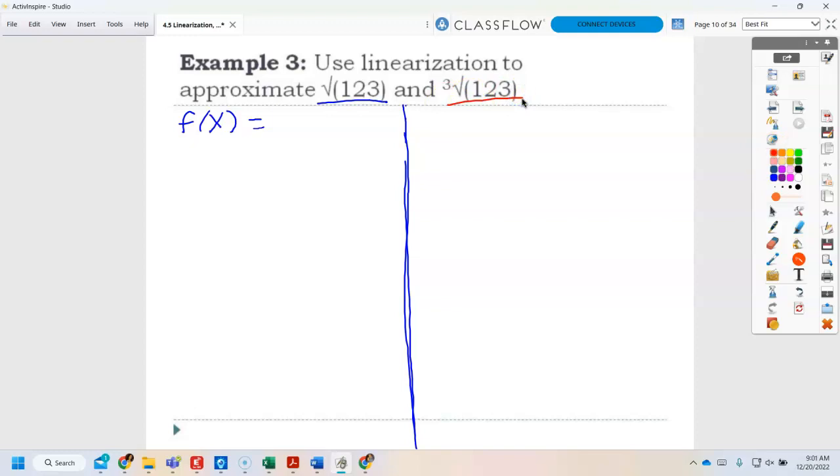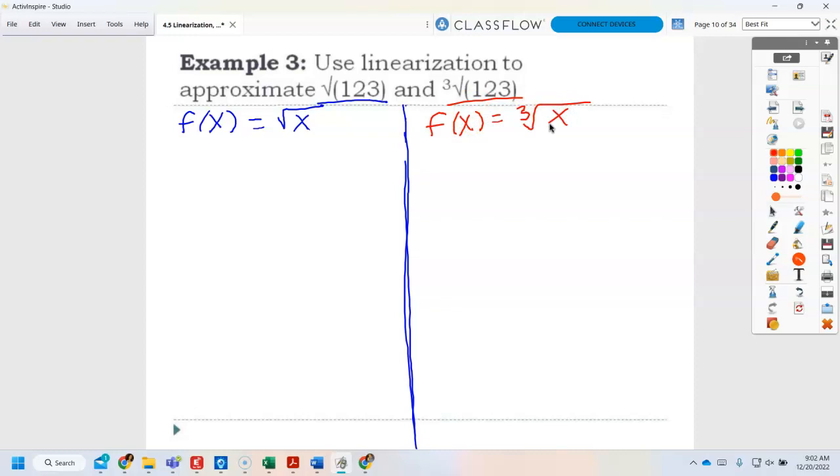So what's the f of x of the blue problem? What would my equation be for that side? And then on the red, it would become, yeah, awesome. So I have two different functions now.